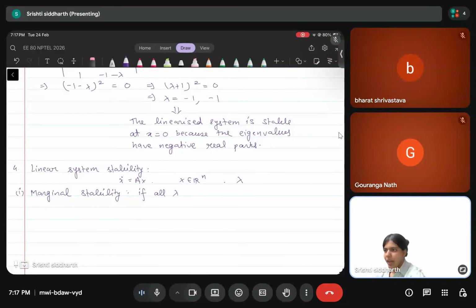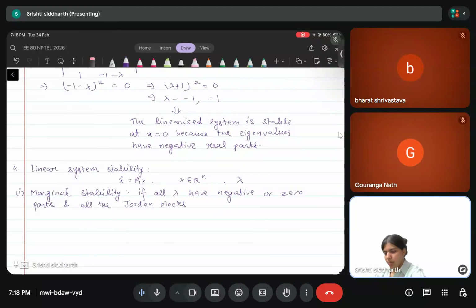So if all eigenvalues have real negative parts, this means we'll have to diagonalize this to comment on marginal stability.